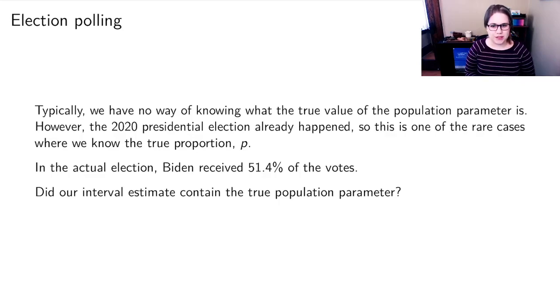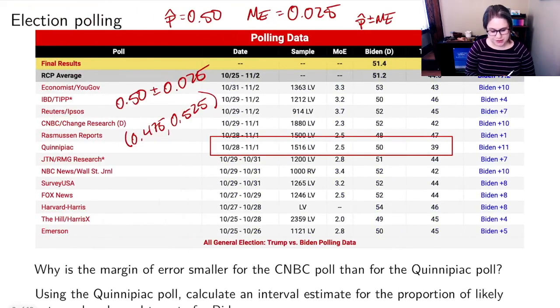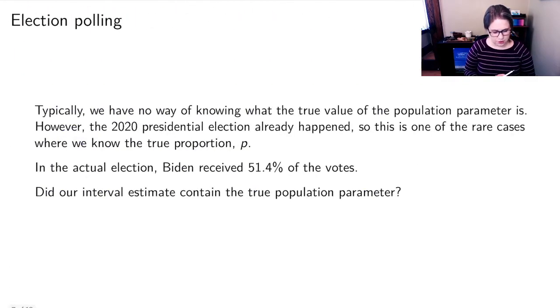So then the question is, did our interval contain the true population parameter, in this case, the proportion? And if we go back and look, the top end of the interval was 0.525. So yes, we included the true population parameter in our interval. So that's pretty good. Our interval was able to capture the true parameter.